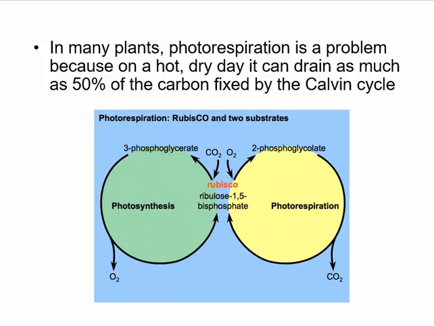So this is an undoing of carbon fixation. You can see here photosynthesis produces O2, incorporates CO2. What's happening in photorespiration? It's incorporating O2 and generating CO2. So really undoing this carbon compound building process.